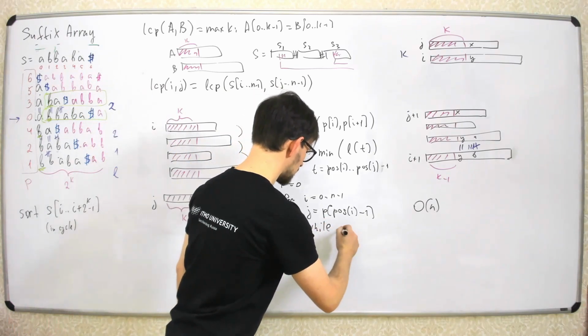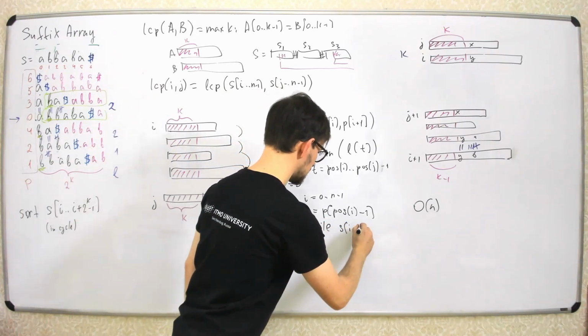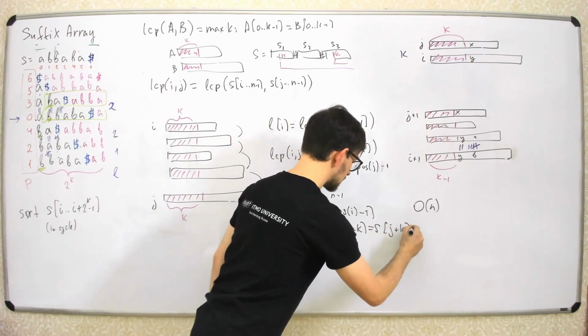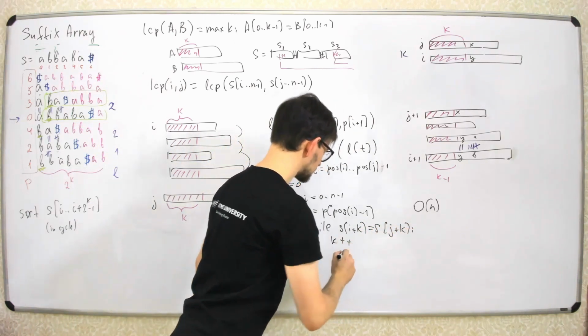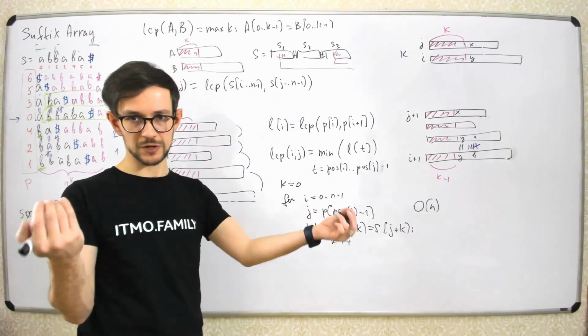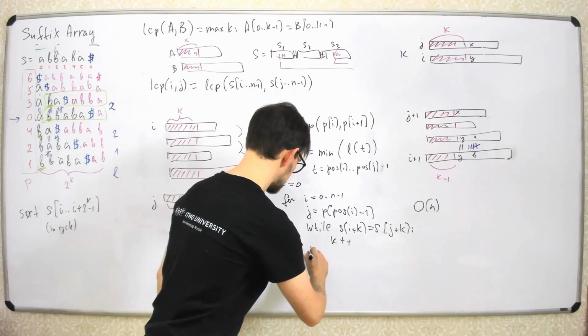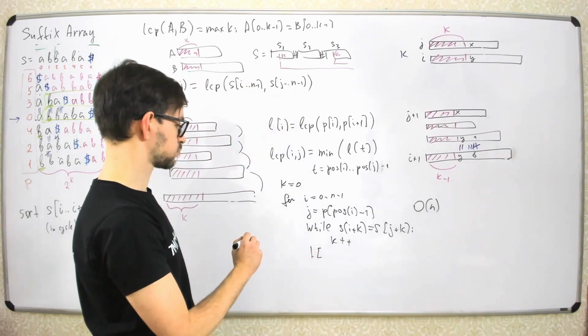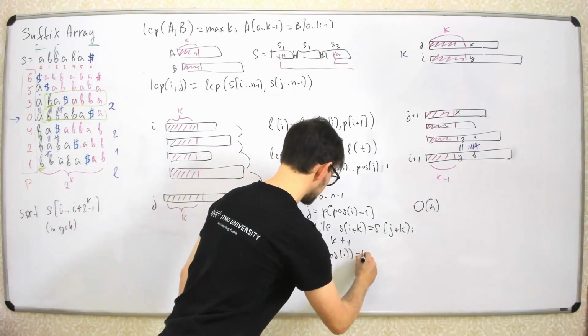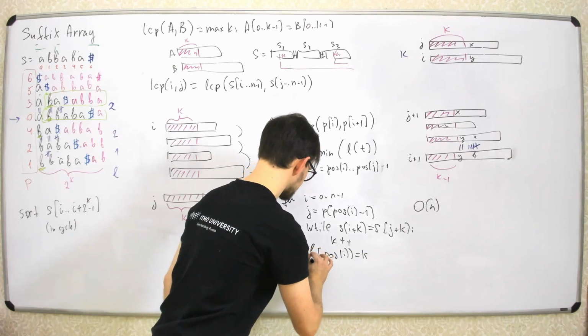So while character i plus k equals character j plus k, I just increase this k. I just skip all the equal characters. Now k is the number of equal characters. So I say that LCP of pos i equals k, like this.